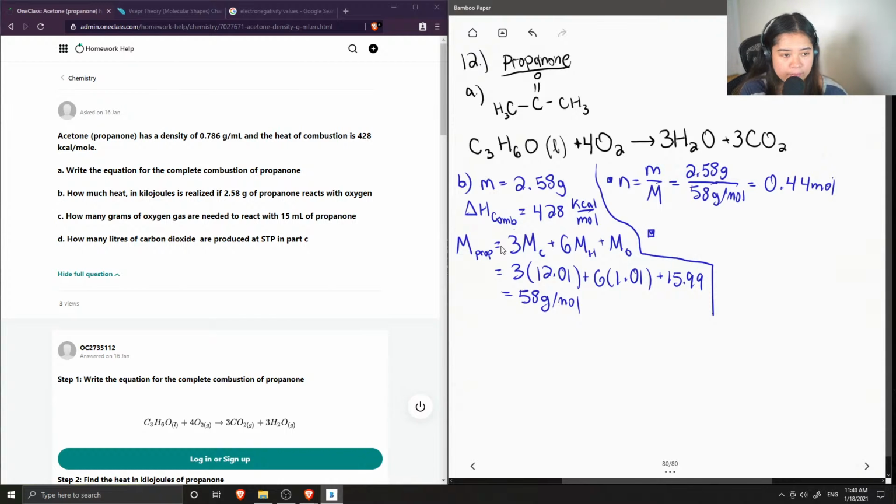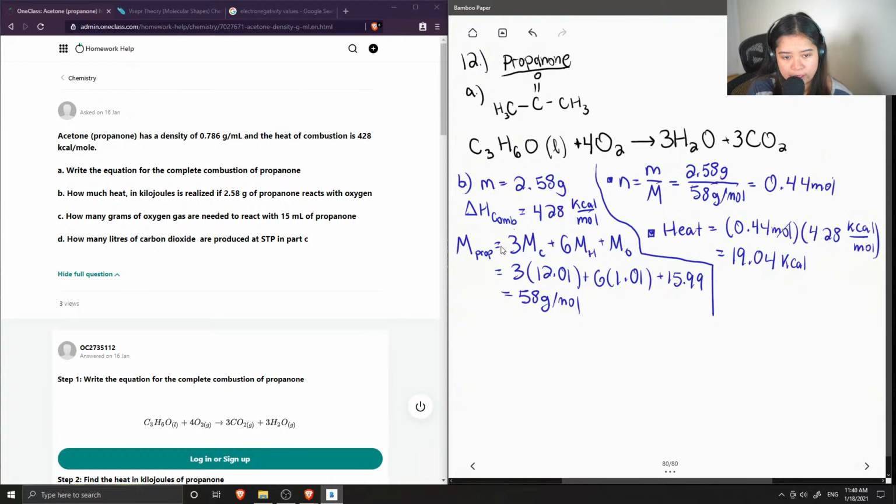Now that we have our number of moles, we can solve for the heat. So heat is equal to the number of moles, which is 0.44, times the delta H of combustion, which is 428 kilocalories per mole. And then we end up with 19.04 kilocalories.